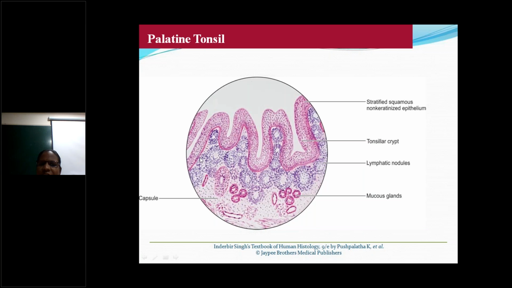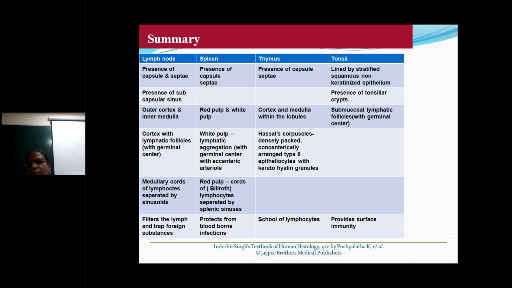Below that, irregular connective tissue with some blood vessels is present, covered by a thin amount of fibrous connective tissue. This is how to differentiate and identify the lymph node, spleen, thymus, and tonsil.